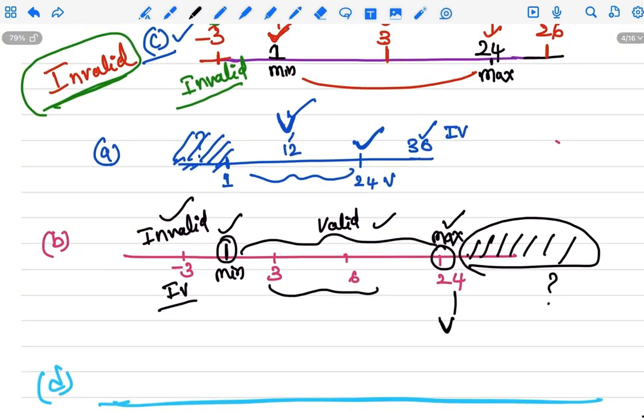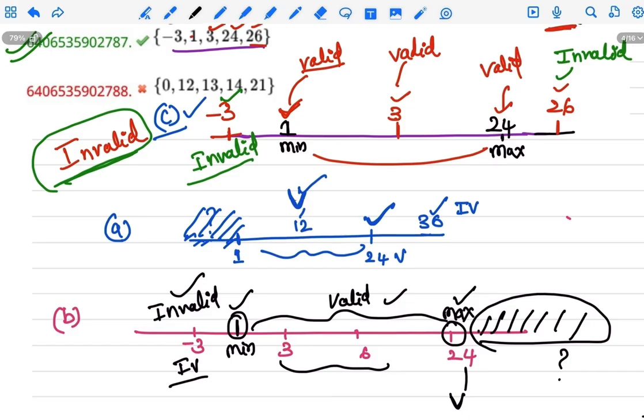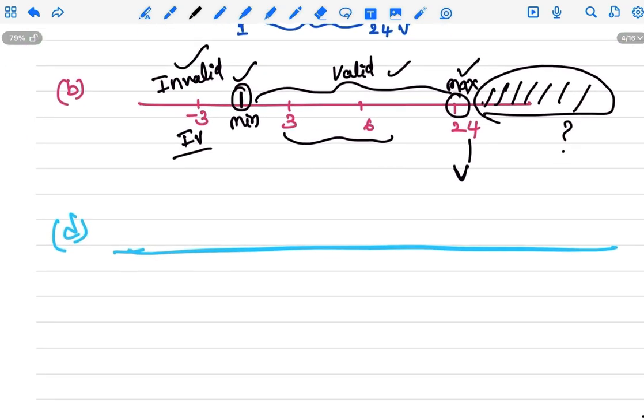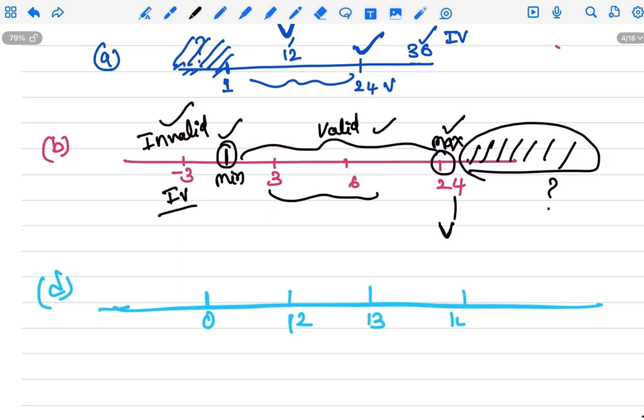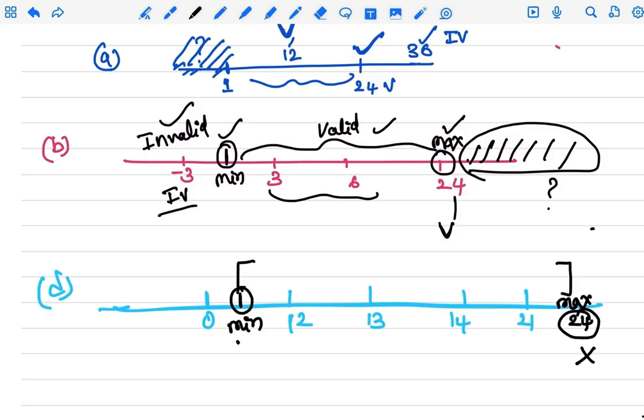Next option: 0, 12, 13, 14, 21. Given, 1 is the minimum and this is the range, so the maximum is 24. We have to include both. 24 is missing and the minimum value 1 is missing.